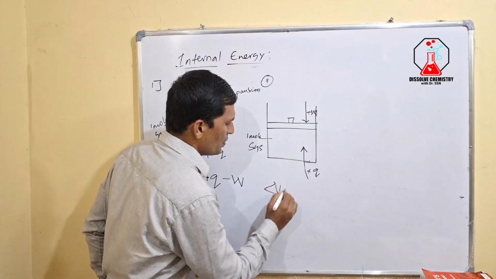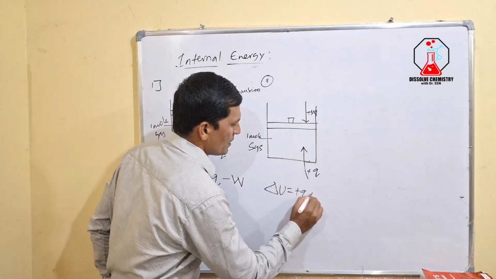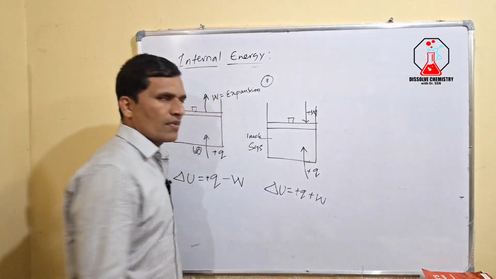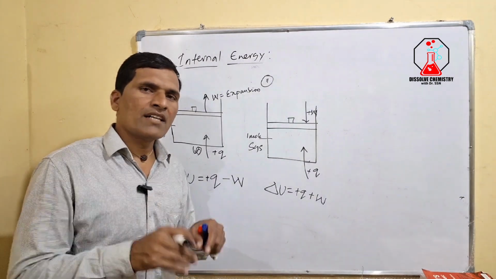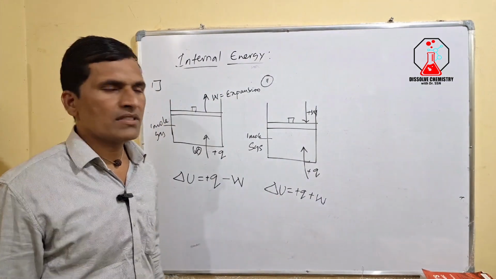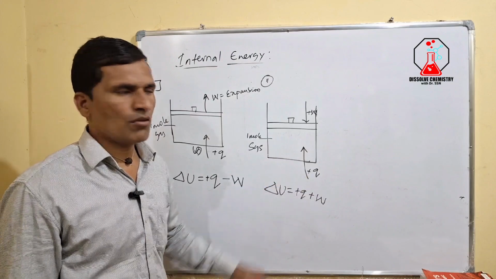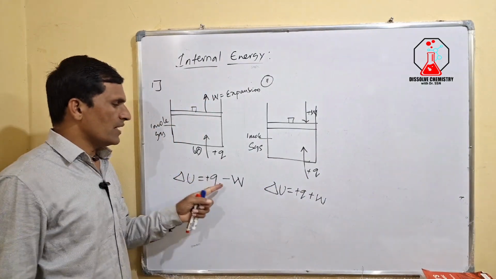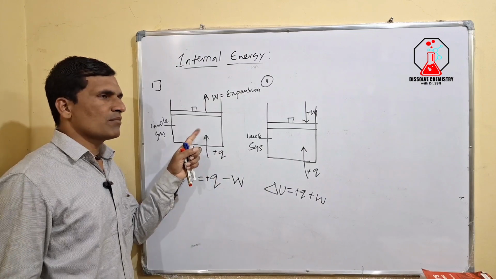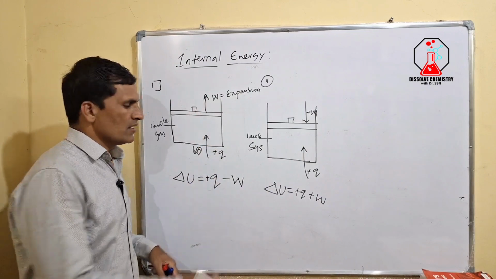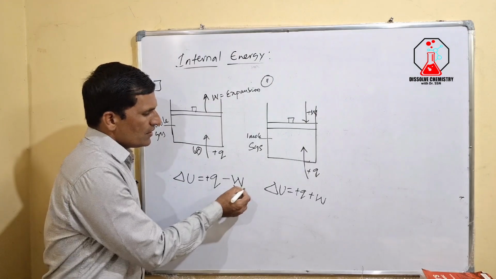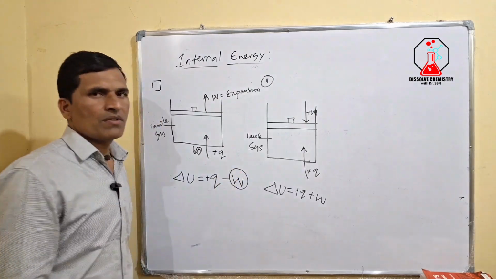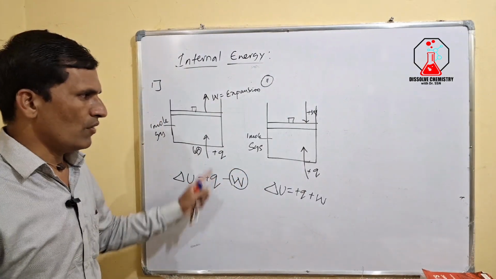So therefore delta U is equal to plus Q plus W. Both are adding to the internal energy of the system, which is obviously going to increase. The increase depends upon how much heat is absorbed and how much work is done, that is, on the magnitude of the energy.